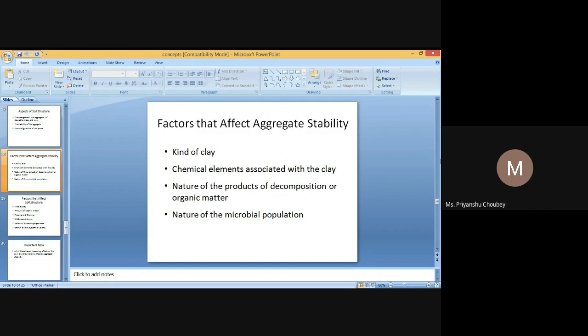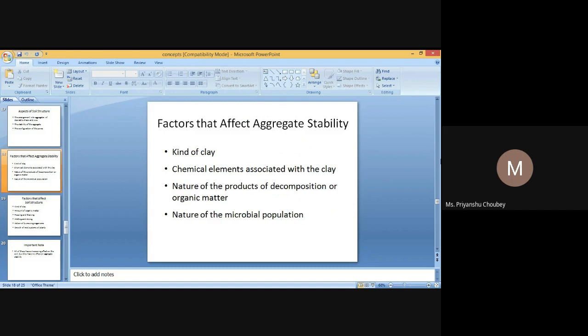Translocation is the movement of materials in solution or suspension from one horizon to another. The upper mineral horizon losing the materials is the eluvial or E horizon. This is where maximum leaching takes place.